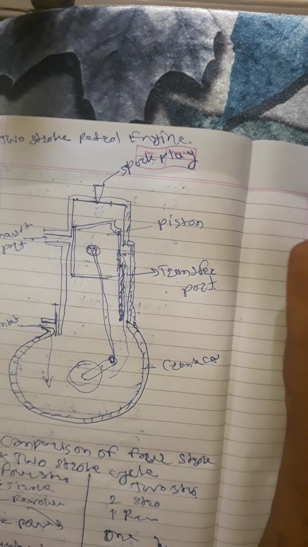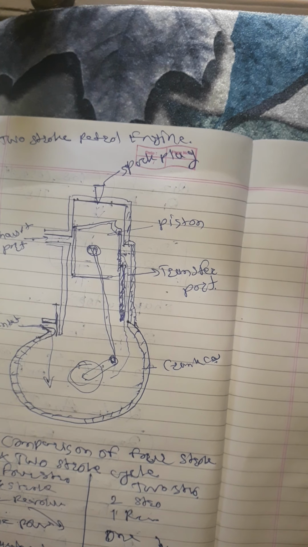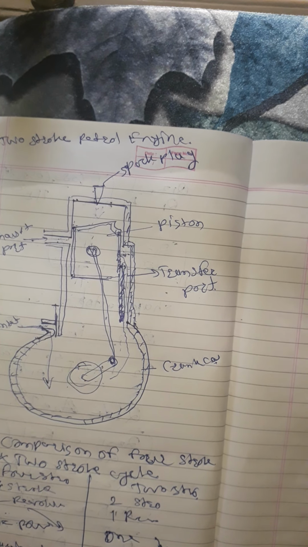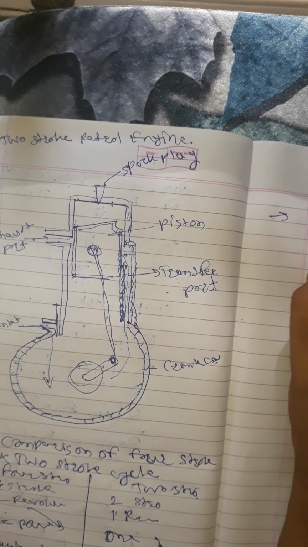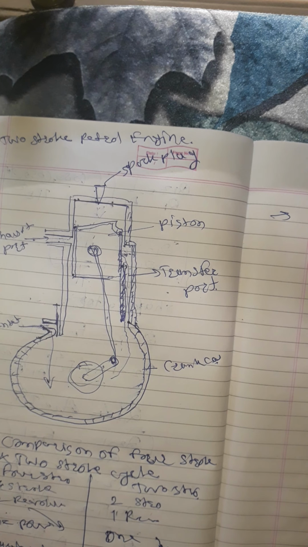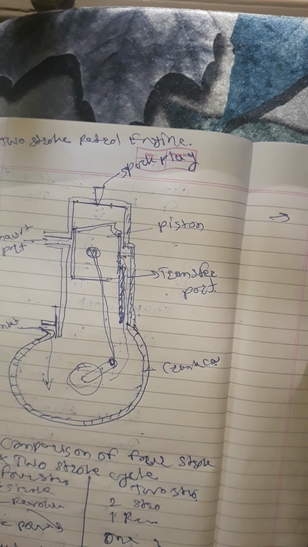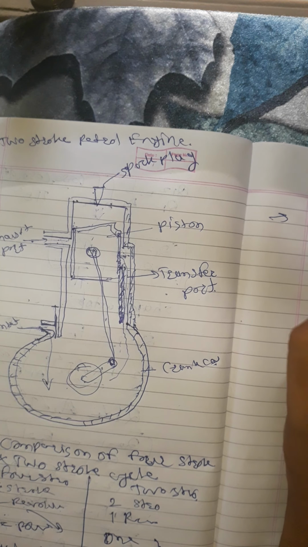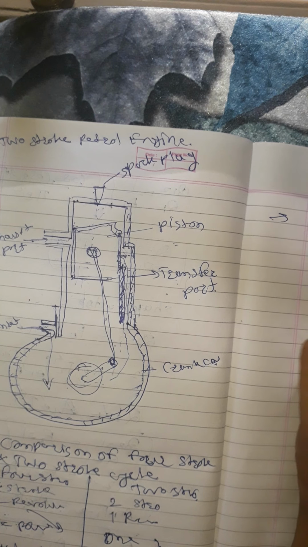Next, petrol engine and diesel engine. In the petrol engine, a spark plug is present. In the diesel engine, a fuel injector is present. In a petrol engine, the air-fuel mixture or charge enters the combustion chamber.